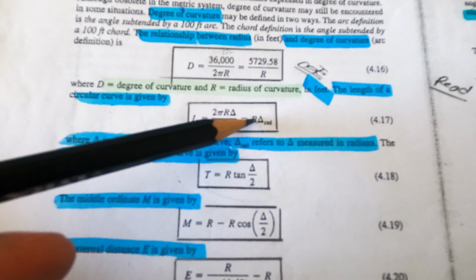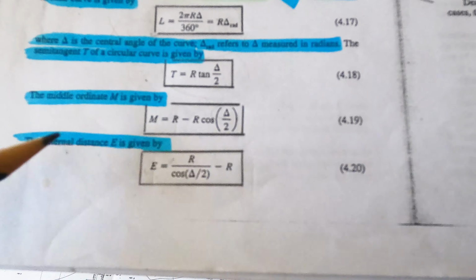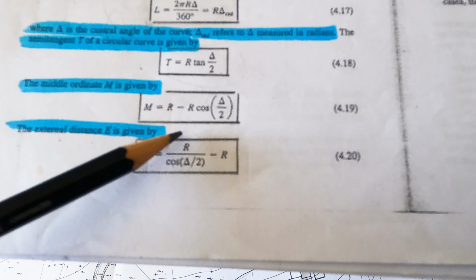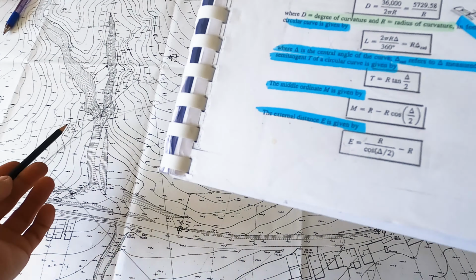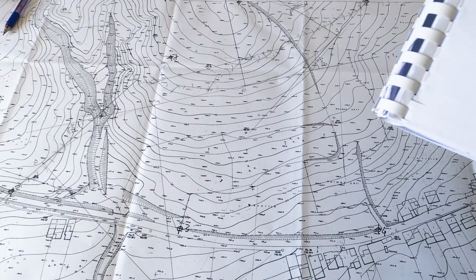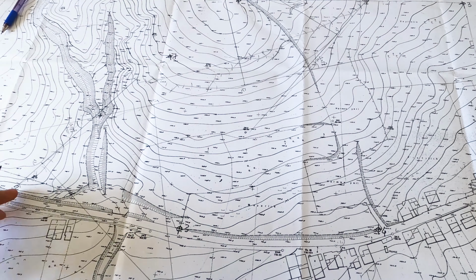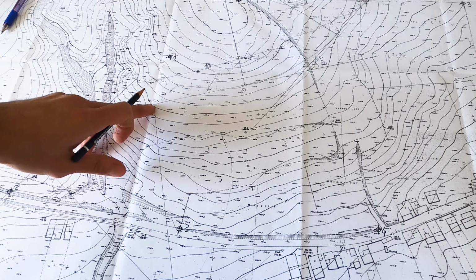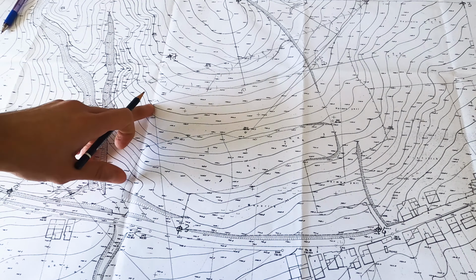E, the external distance, is taken as r, 250, over cosine delta over 2, minus r, with delta in degrees, 37 degrees for our example. For the chord, we take 2 times r, 250, sine delta over 2, and again delta is taken in degrees here. In the next video, we will speak about the computation of vertical alignment.